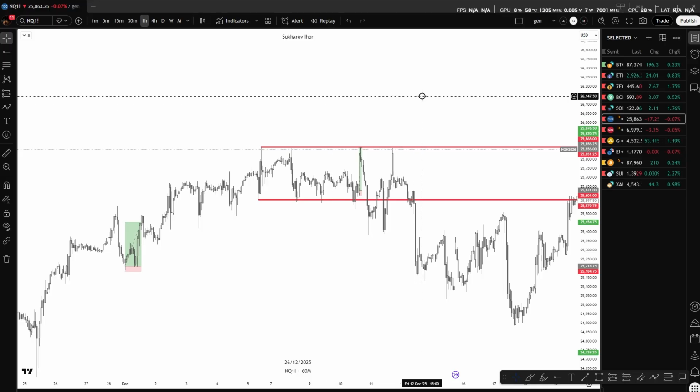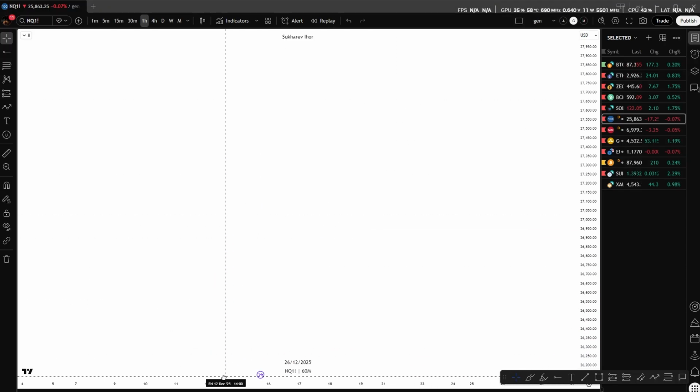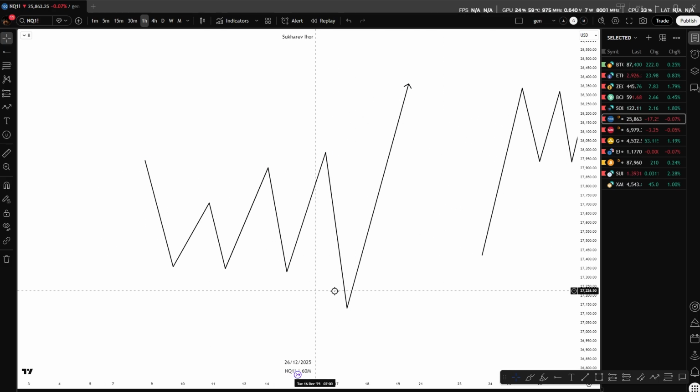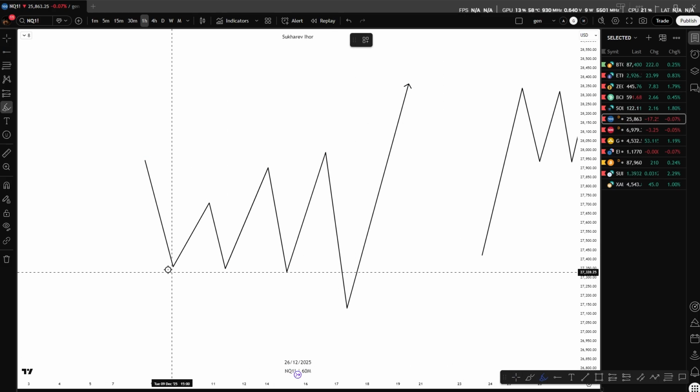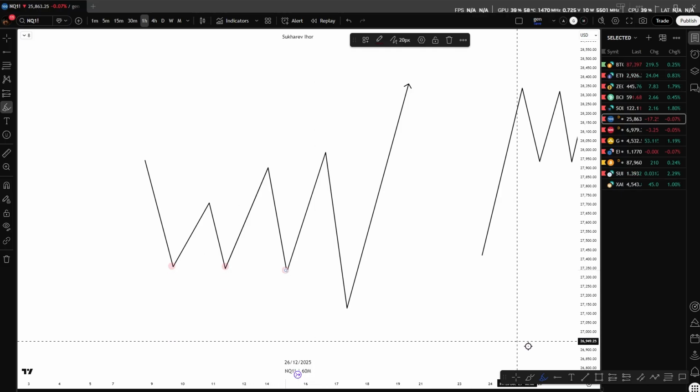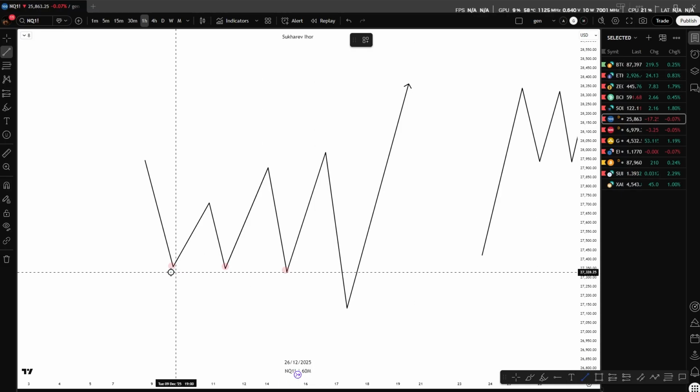To begin with, let's talk about equal highs and equal lows. Equal lows mark spots on the chart where the price hits roughly the same low multiple times over a period. Here we can see that these zones sit over the same line.